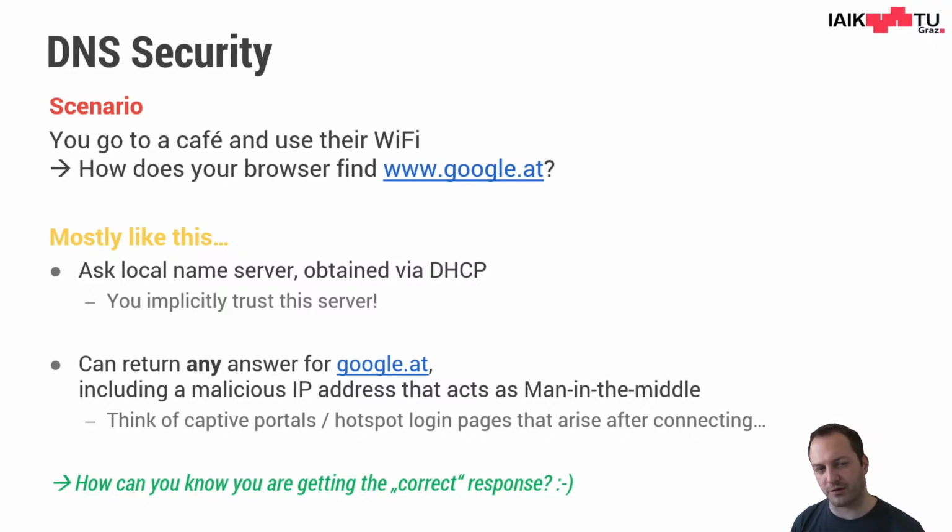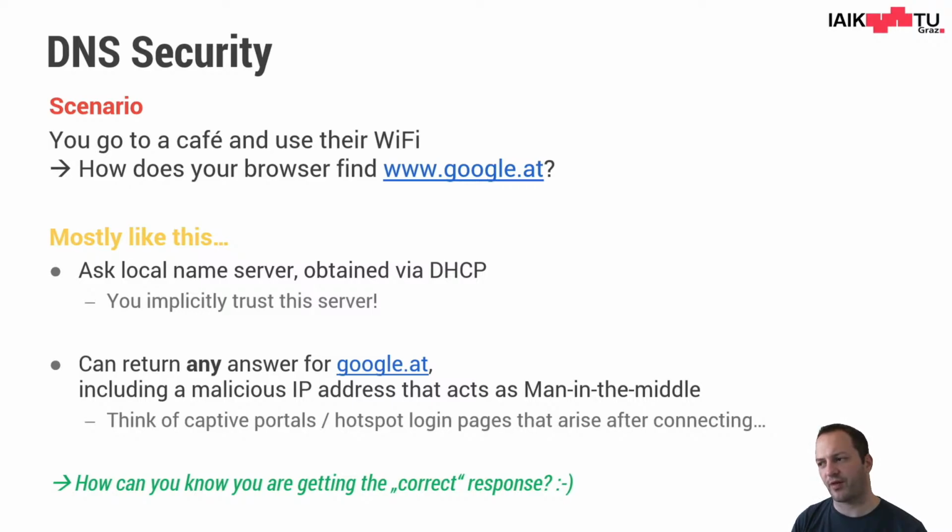Of course, you don't manually configure the computer with an IP address. You just retrieve it automatically via DHCP. So in other words, you implicitly trust the server. And by implicitly trusting the server, it can serve you any reply it wants. So if you request Google.at, you can retrieve any response, and you cannot really verify it.